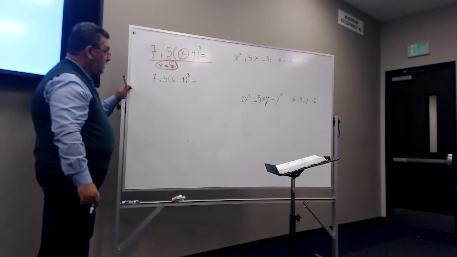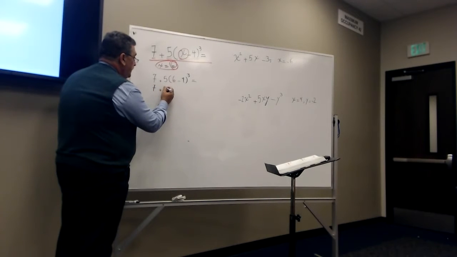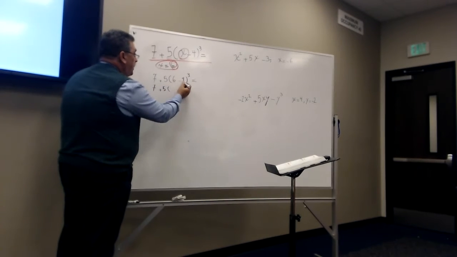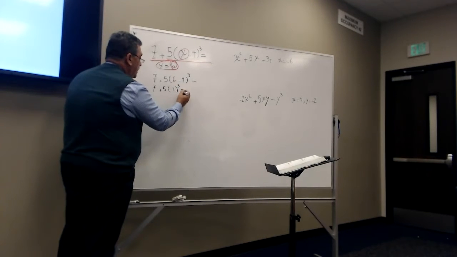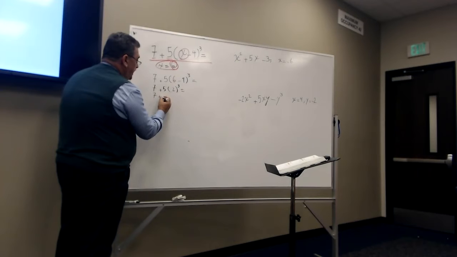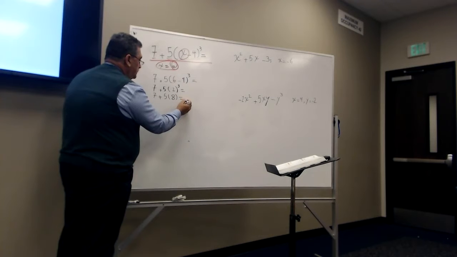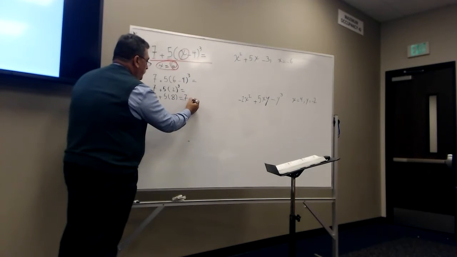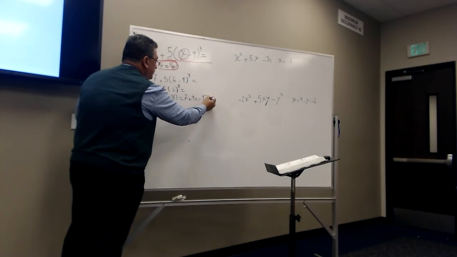So this would be 7 plus 5 times 6 minus 4, 2 to the power of 3. Okay, 7 plus 5 times 2 to the power of 3 is what? 8. And 8 becomes 2. So we get 7 plus 40 equals 47. Right?